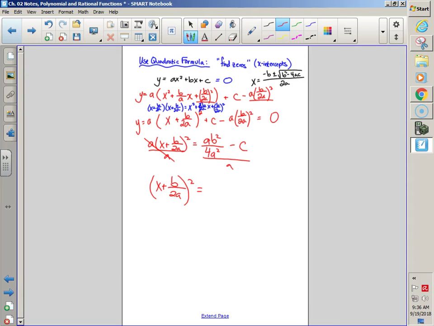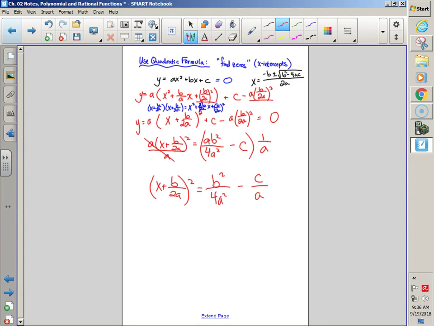If we were to actually distribute this over a, because dividing, that makes a complex fraction. Most of us are like, that's really, really gross. We could multiply by 1 over a. The 1 over a here actually cancels out, and we just get b squared all over 4a squared. And this one, we get c over a. Now what would we do?